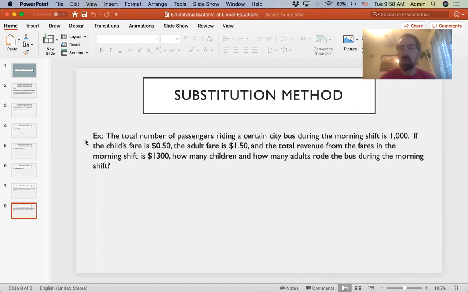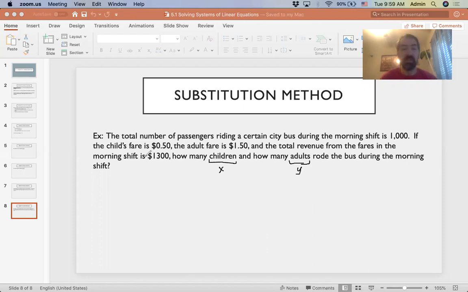Okay, so what are we trying to find? We're trying to find the number of children and the number of adults. All right, so we've got two unknowns that we're trying to find. If we have two unknowns, we need two equations. What two pieces of information are we given?